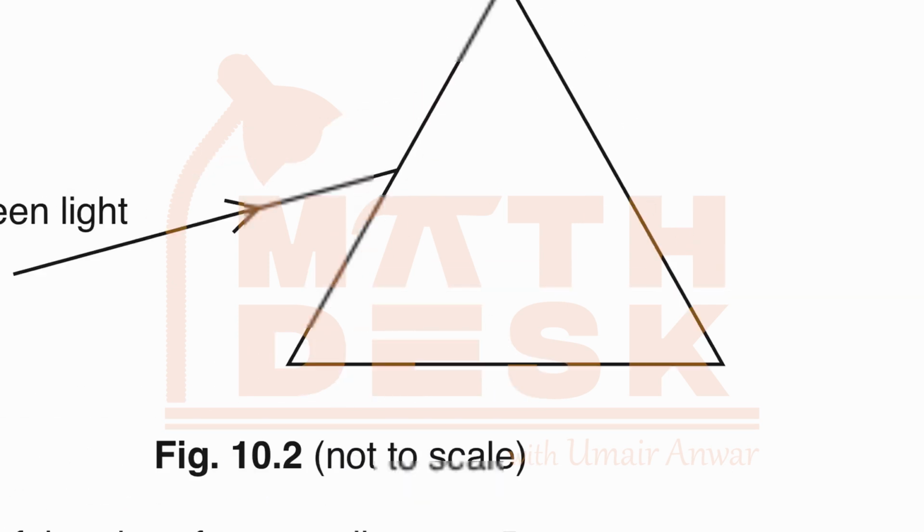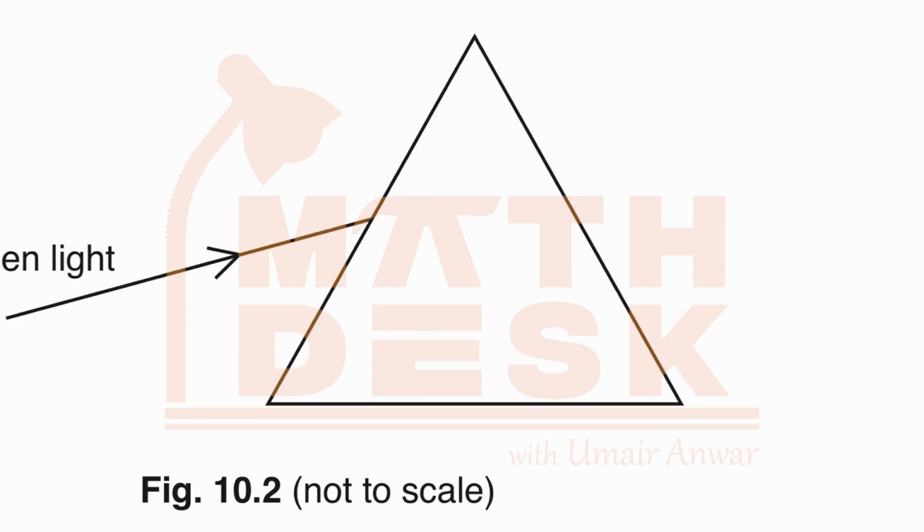Okay, so the normal would be made perpendicular to the surface of the prism, and it should be going through the point of incidence. So this could be the normal, and the normal is usually drawn in a dotted pattern, not a full line.